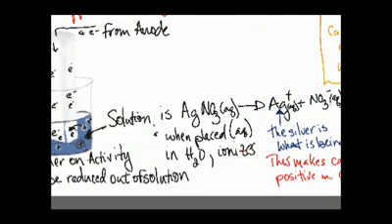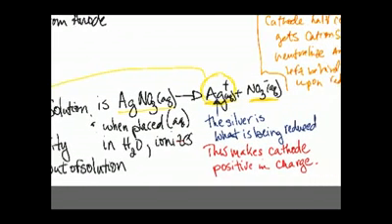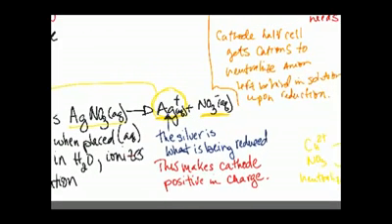I went ahead and wrote this one out for you. Silver nitrate, once it gets put in the solution, ionizes. When it ionizes, this silver right here gets attracted to these electrons on the bar. And it literally comes out of the solution and goes onto the cathode. Okay? And what happens is you get a slightly positive charge here, giving it what's called a positive polarity.